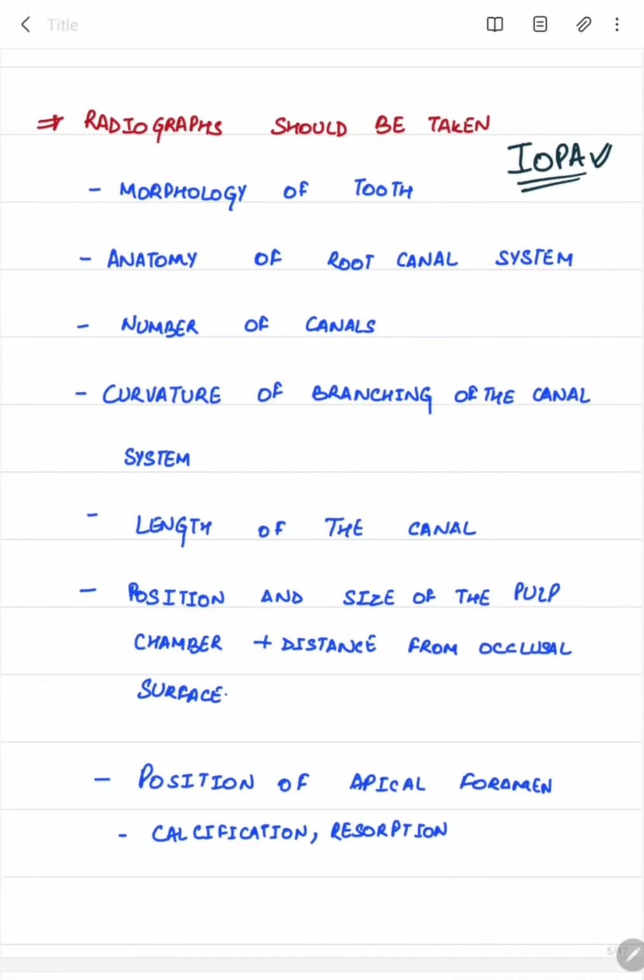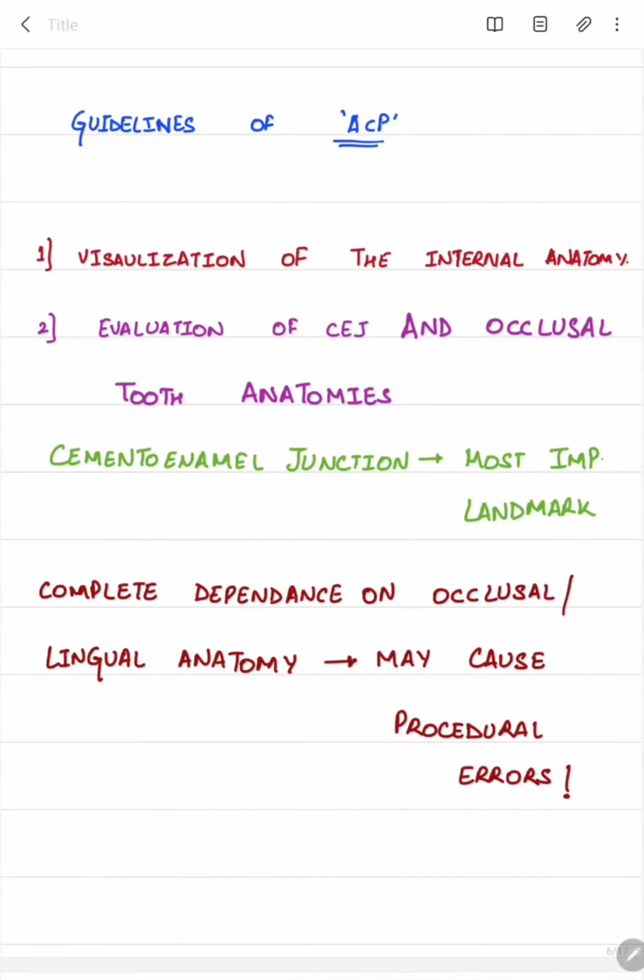Then the curvature and branching of the canal system, the length of the canal, that is the working length, the position and size of the pulp chamber, which is very important, the distance from the occlusal surface, and the position of the apical foramen. If there is any calcification or resorption present or not, we will be able to see that from the radiographs only, right?